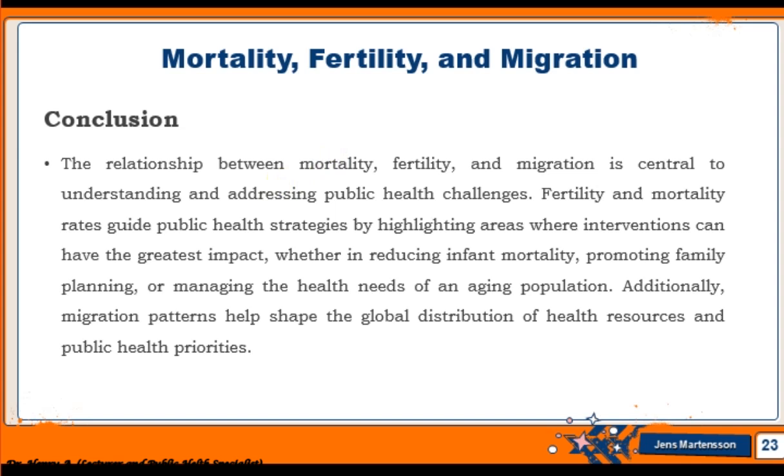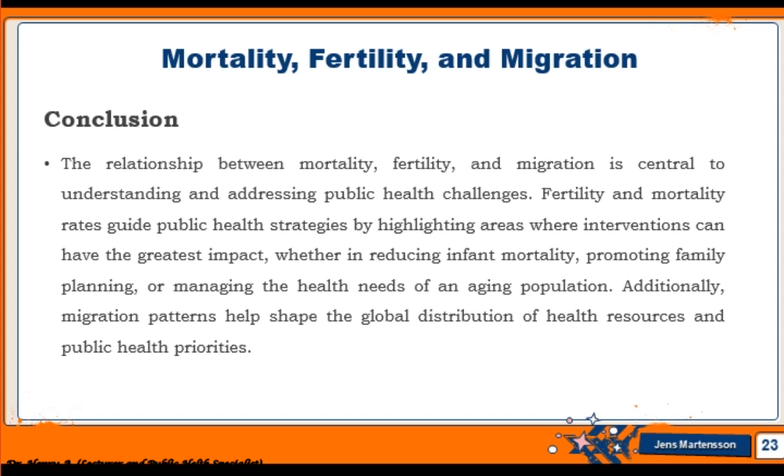And we've seen that fertility and mortality rates really guide public health strategies by highlighting areas where interventions can have the greatest impact, whether in reducing infant mortality, promoting family planning, or managing the health needs of an aging population. Additionally, we've seen that migration patterns help shape the global distribution of health resources and public health priorities.